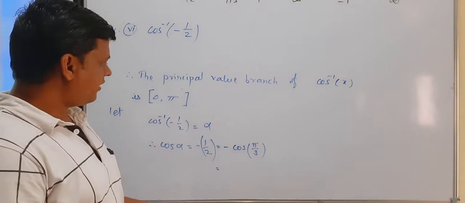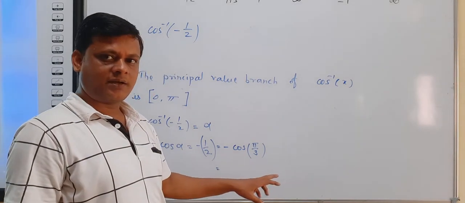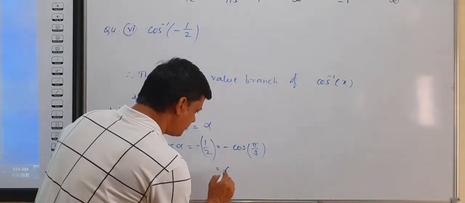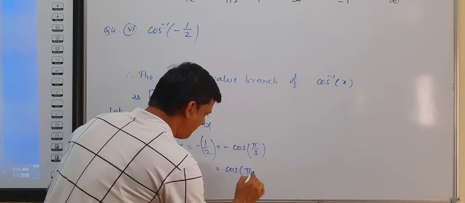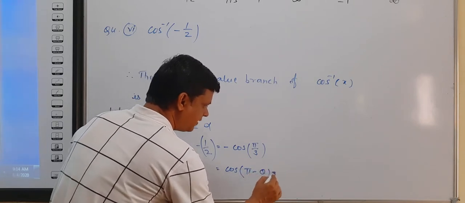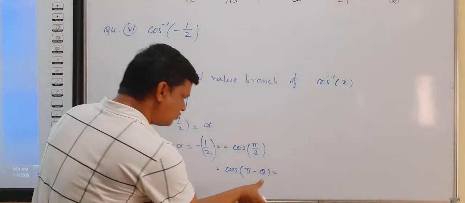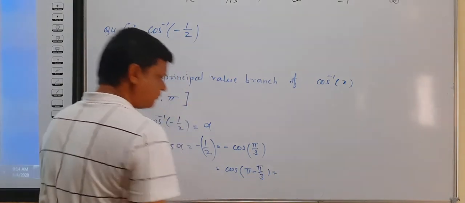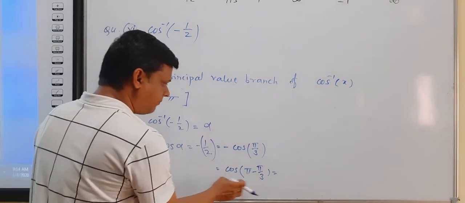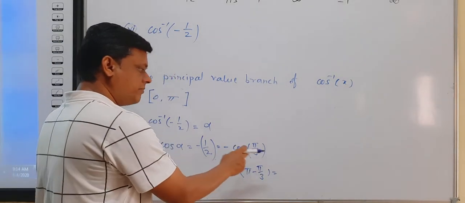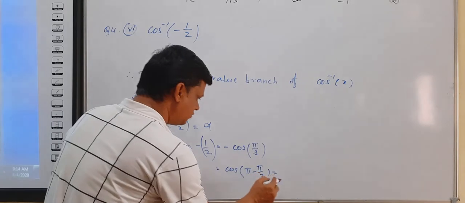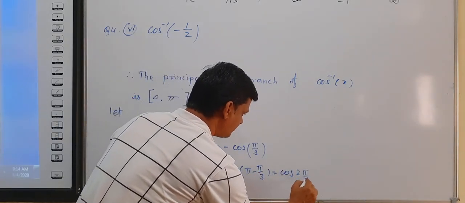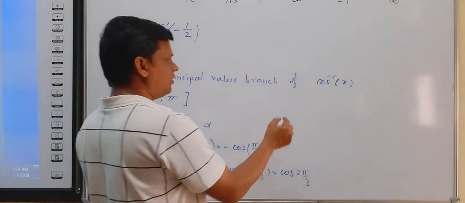Now we cannot write this as cos of minus theta, because cos of minus theta equals plus cos theta. So we have to use the formula cos of pi minus theta equals minus cos theta. So instead of theta here the value is pi by 3. So cos of pi minus pi by 3 equals minus cos pi by 3. From this we write cos 2 pi by 3. Which formula do we use here?